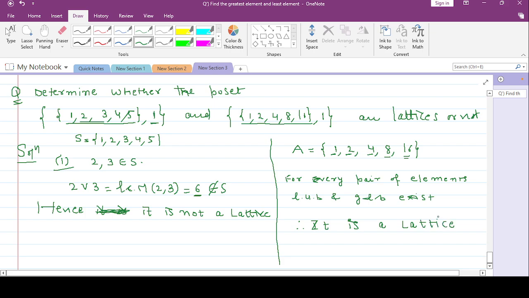Okay, it is a lattice. So this thing you always remember.